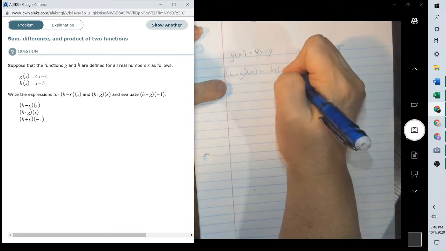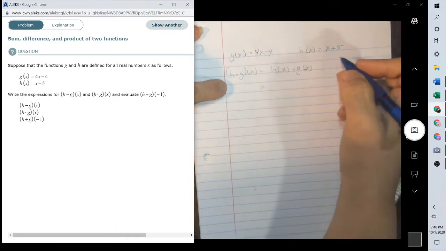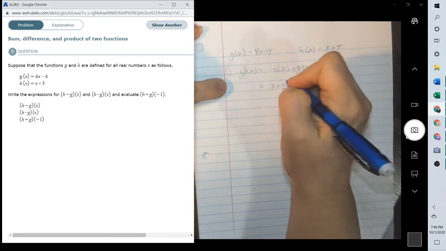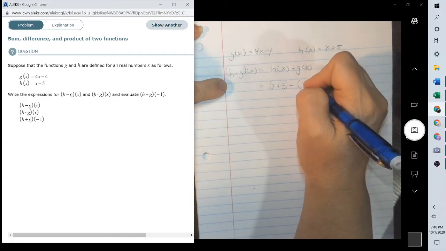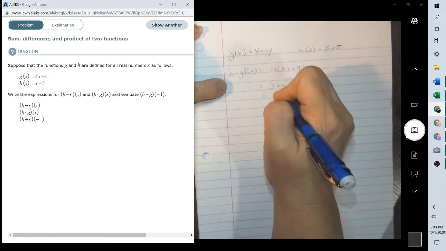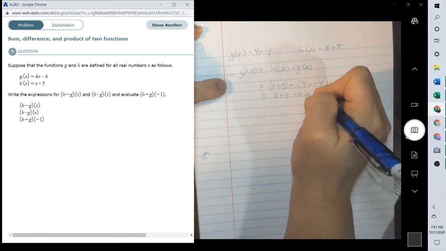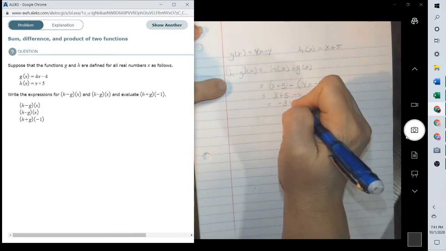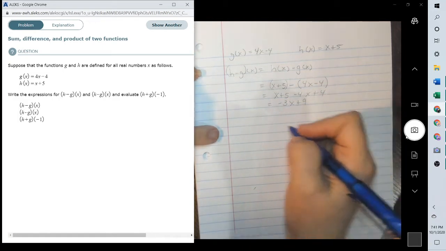Take h of x and subtract g of x. So h of x, x plus 5 minus, and now you need to be careful, this negative has to distribute to all of this one. And then combine like terms. And that's your answer.